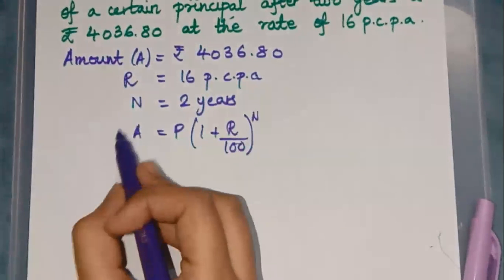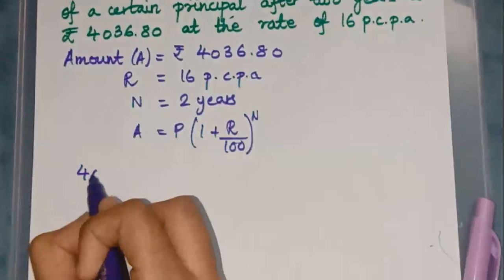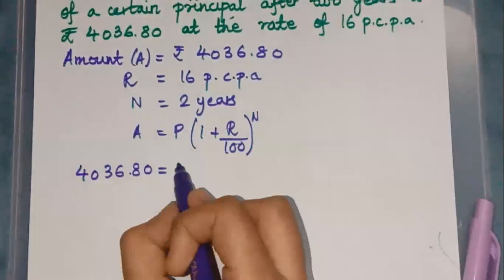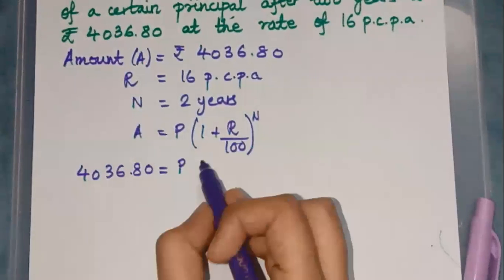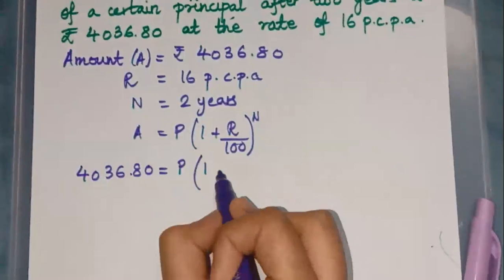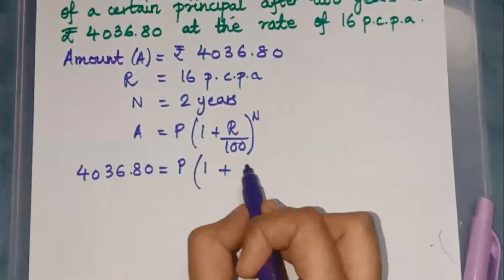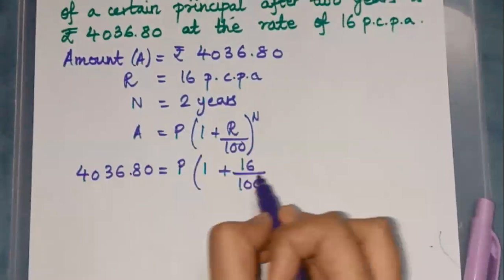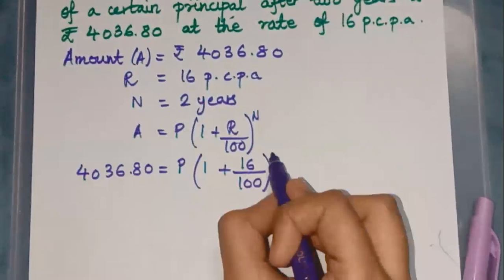A is what? 4036.80. Principal is something that you have to find out because it is not given. R is 16 upon 100 and N is 2.